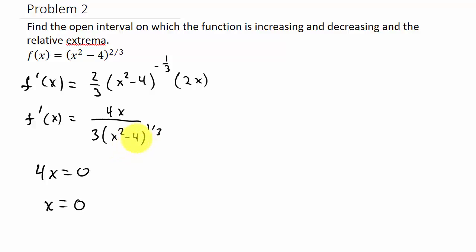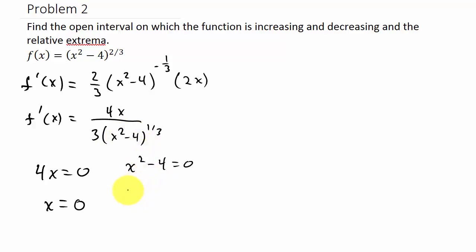And then we also want to know where it's undefined. Well, it's undefined where this denominator is 0. So I'll take the denominator, x squared minus 4 equals 0. I don't need the 1/3 because all we need to know is when the inside of the parentheses is 0, because 0 to the 1/3 is 0.